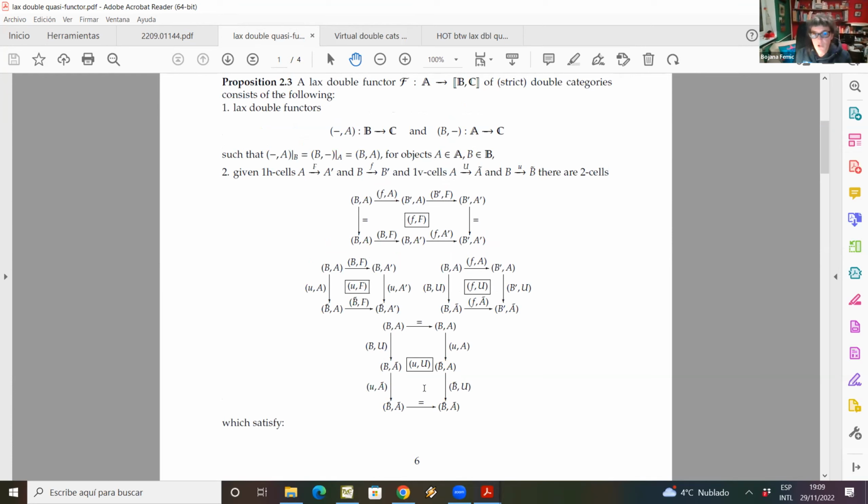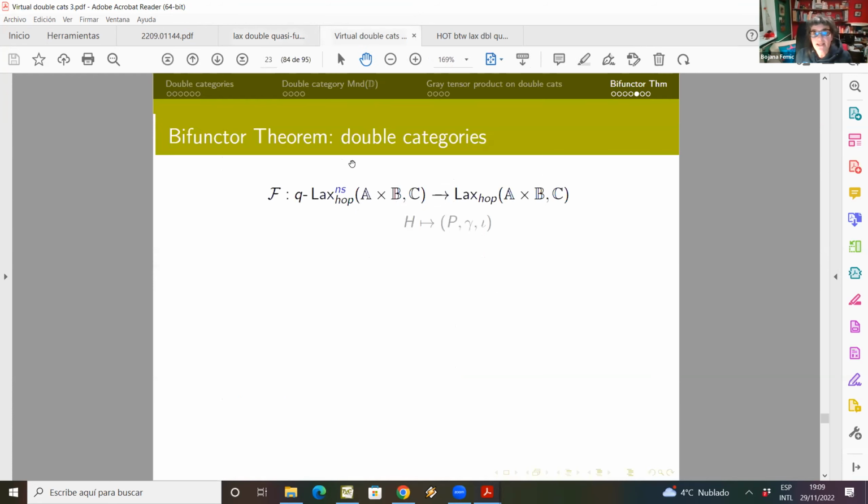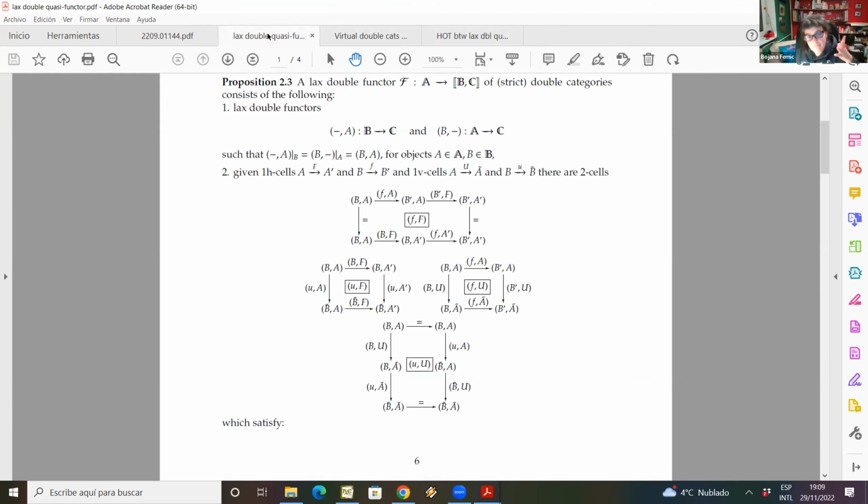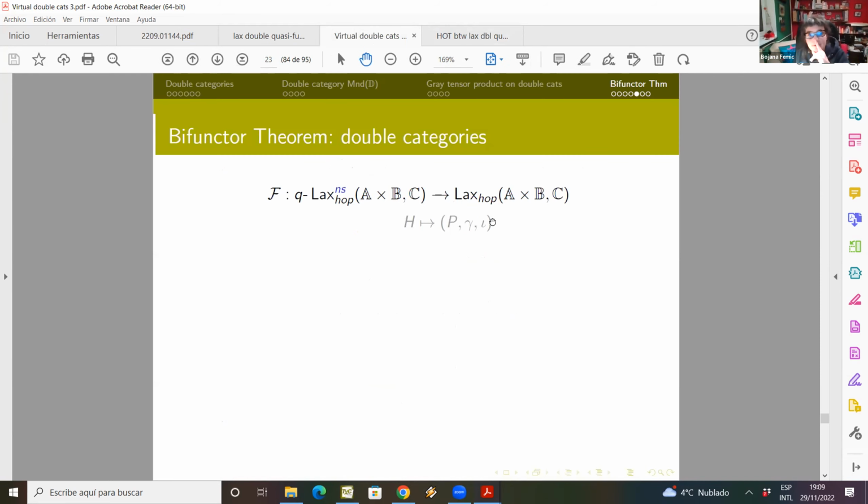So it is called strong when you have these non-trivial globular two cells. And my NS here stands just as a mnemonic, to say that this type of globular cell UU needs to be identity in order to have a two functor which ends up in this category of Lax functors on the Cartesian product. So this is a slight restriction that you need.